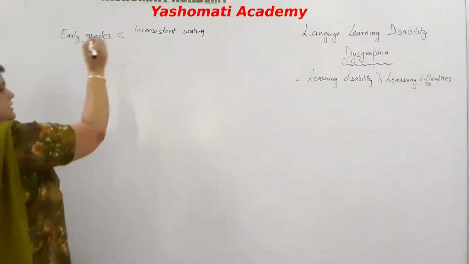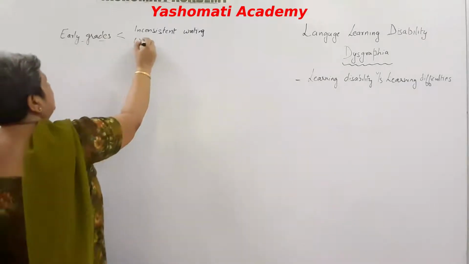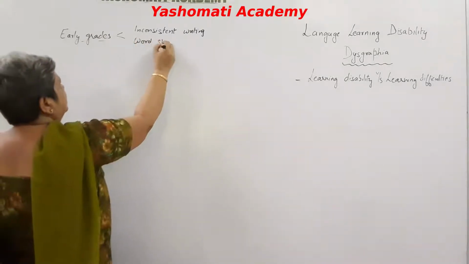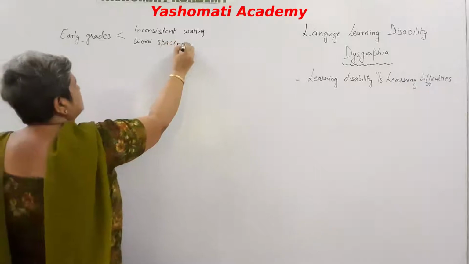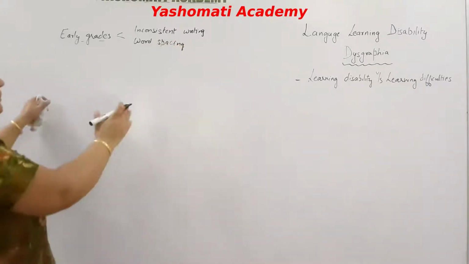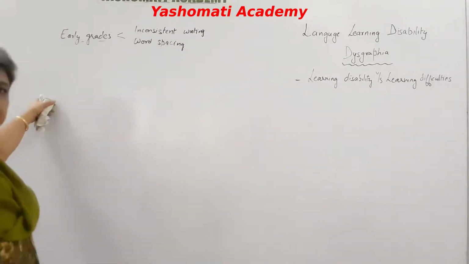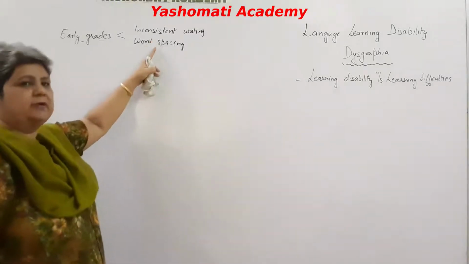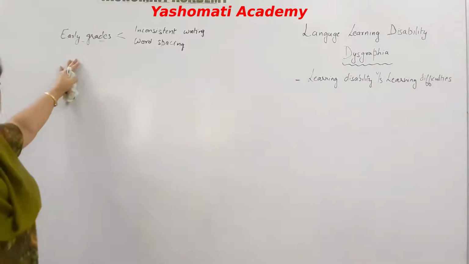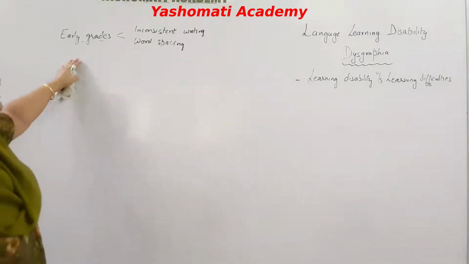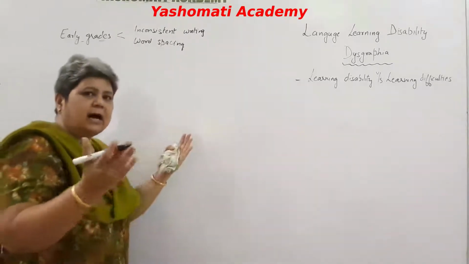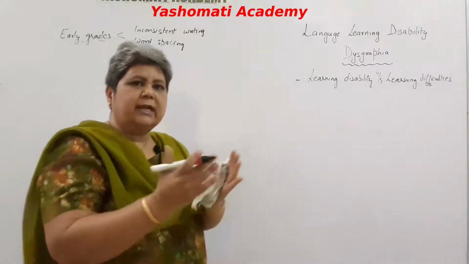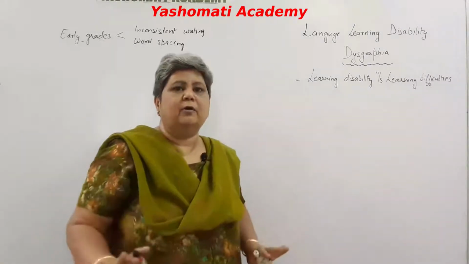Then another characteristic we can find is that word spacing is very poor. As in the previous part also we studied, when we are writing words in the English language, some space is left in between. Whereas in the case of a dysgraphia learner, we see that letters are very close to each other and cannot be separated into words.